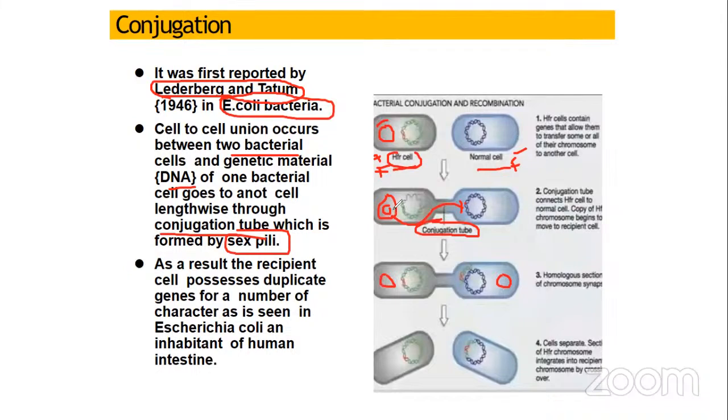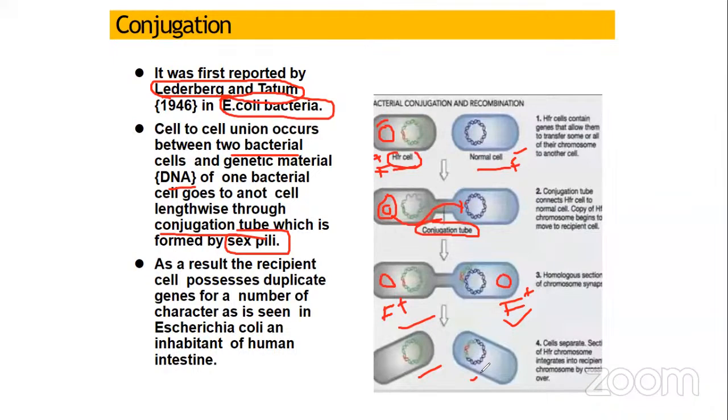The F plus plasmid undergoes replication, and the replicated strand transfers into the F minus cell. The normal cell also now has the plasmid. So here is the HFR cell, here is the plasmid and here is the plasmid. Now what happened finally? Both turn into F plus cells. So like this, the transfer of genetic material takes place.